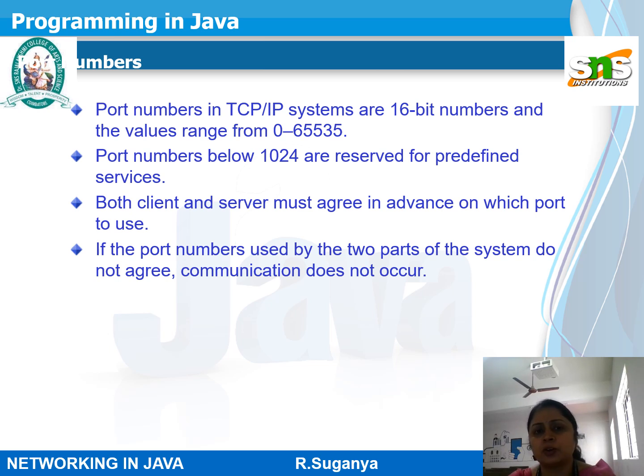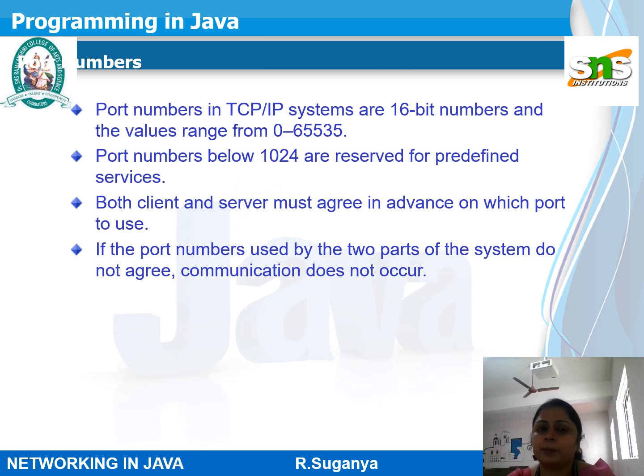For every TCP/IP, we have port numbers for each domain: for organizations, for universities, for military purposes, for everything. Port numbers below 1024 are reserved for predefined services.